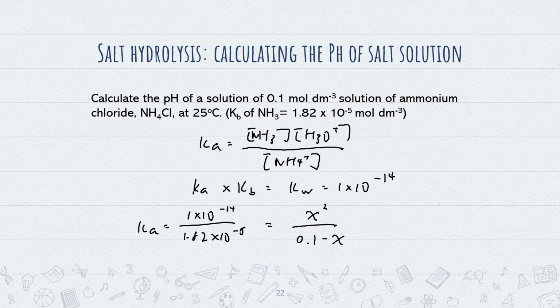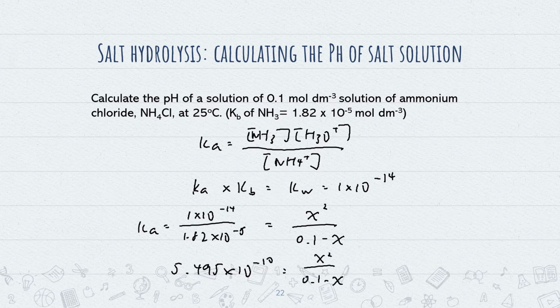You can go back maybe 1 minute to see how I derived this. But yeah, let me just use my calculator. So in other words, 5.495 times 10^-10 equals this.